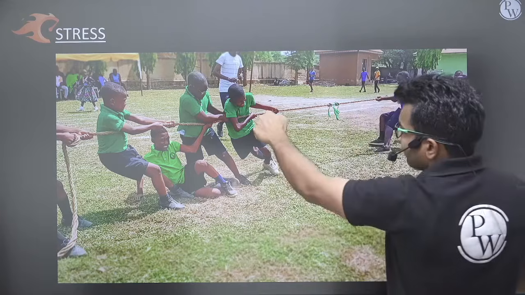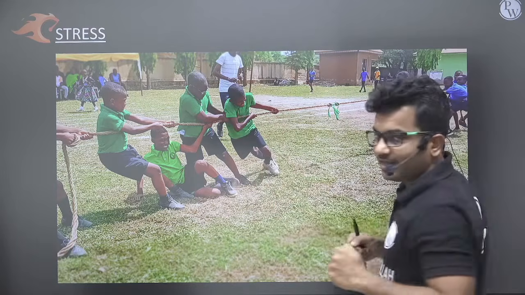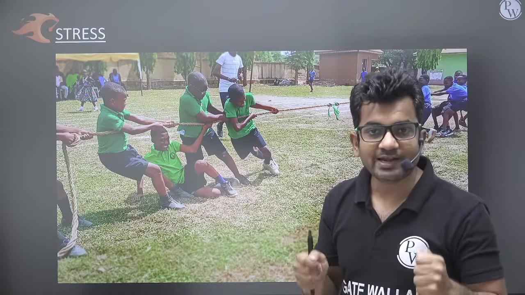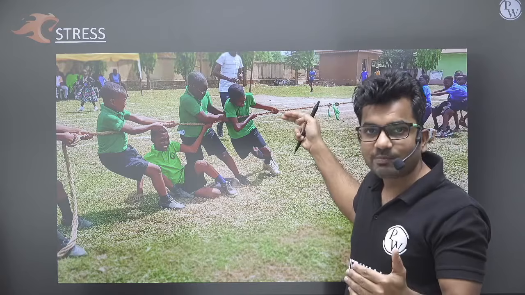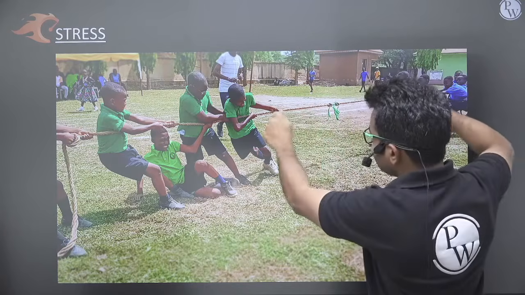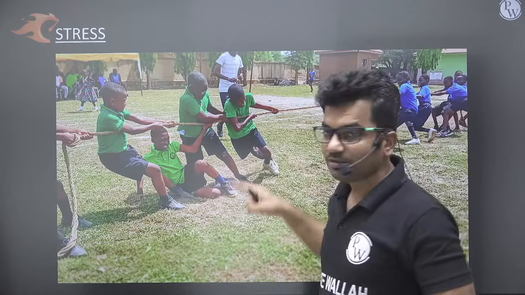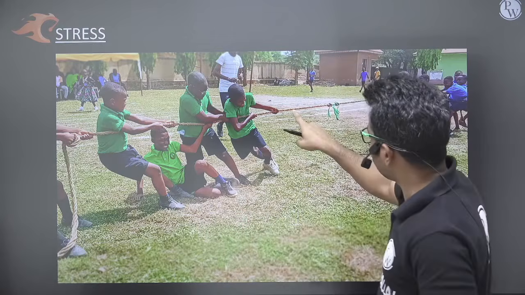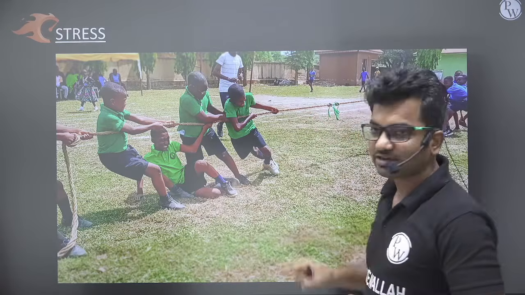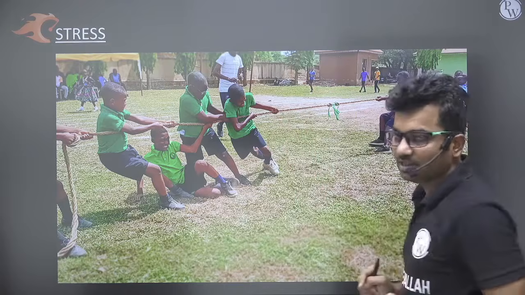When these boys are pulling this rope, there is some external load applied on the rope, and in response to this external applied load, there will be some elongation in the rope. Now this rope's material will resist that elongation. So there will be some internal resistance generated in the rope in response to the external applied load.